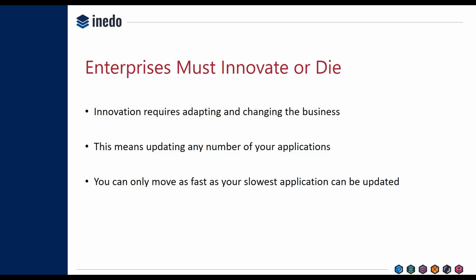But oftentimes, the slowest application becomes the bottleneck. And it's not just one slow application, it's a lot of them. Of course, newer applications, newer components to build are easier, but realistically, the organization can only move as fast and change as fast as their slowest application can be updated.